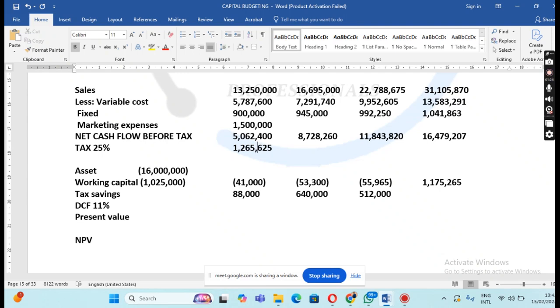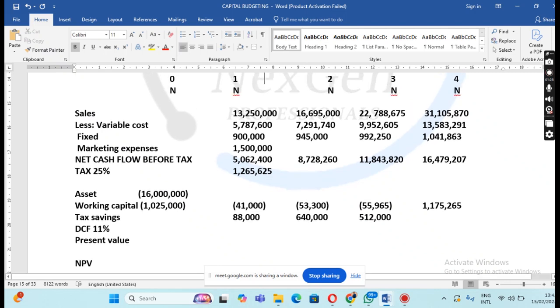It is calculated on the net cash flow before tax. Class, it is calculated on the net cash flow, right? Now, we calculated the tax on all this. Please, year two, give me the figure. 2,182,065. The year one should be 600, not 625.